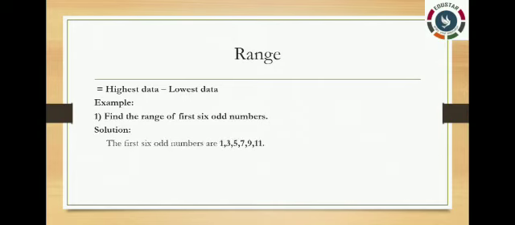The first 6 odd numbers are 1, 3, 5, 7, 9 and 11. After that, write the formula of range. Range equal to highest data minus lowest data. From this data, highest data is 11 and lowest data is 1. So 11 minus 1 equal to 10. Range is equal to 10.